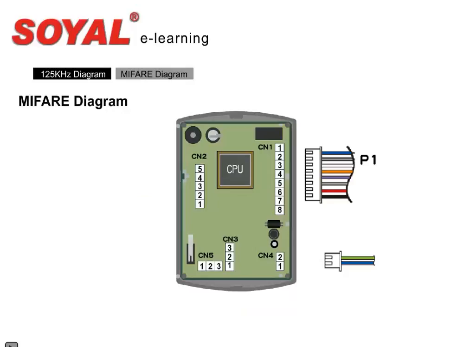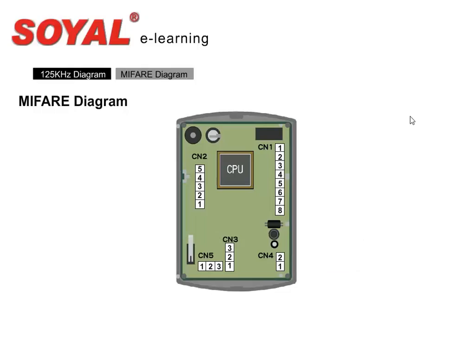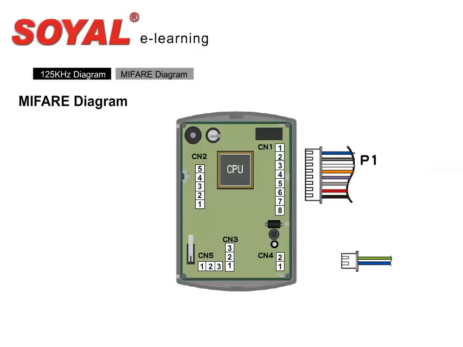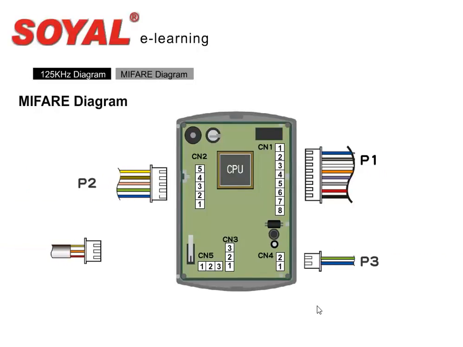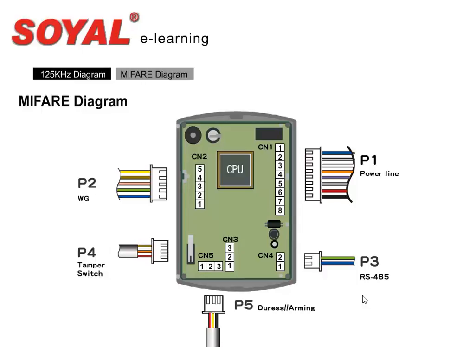And here you can see the MyFair frequency diagram. Here we could notice that the P3 connection RS485 is on the right side of MyFair frequency. It's different from the EM frequency.